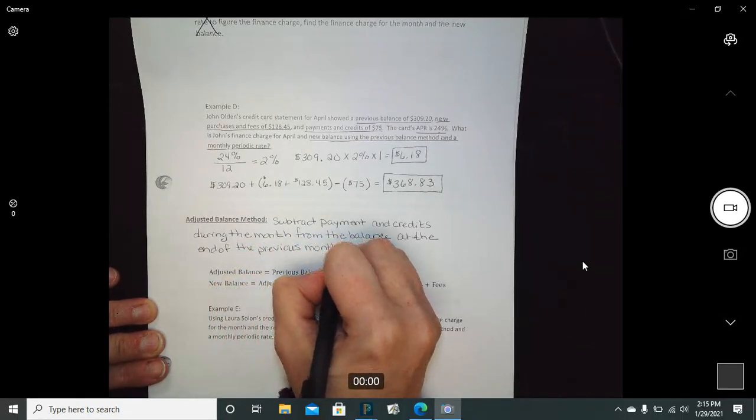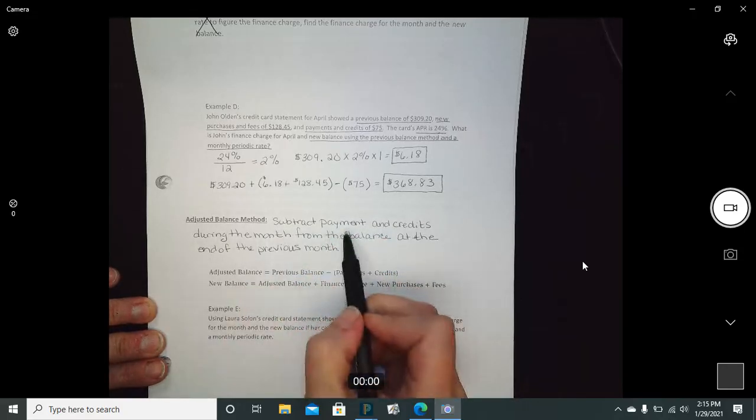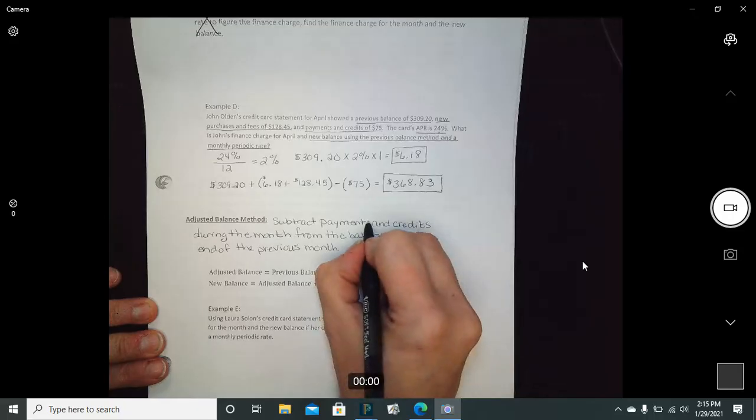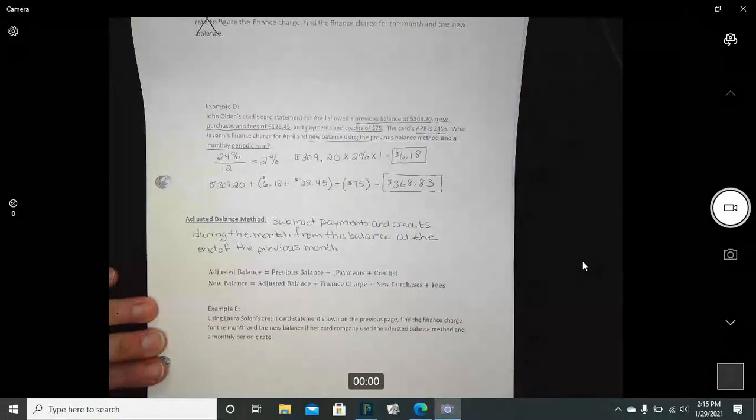So whatever your balance is from the previous month, that's where you subtract off your payments and credits. Notice here, adjusted balance method and the new balance. I'm going to skip this one because it goes back to the beginning with Laura's statement.